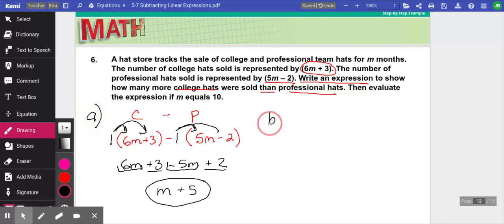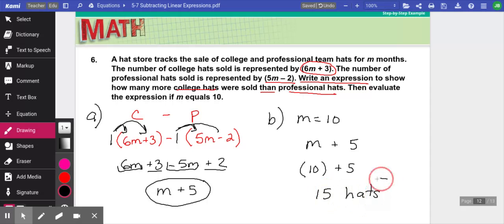Part B said to evaluate when m equals 10. So I want to take this expression of m plus 5, and I'm going to substitute the m with a 10. So 10 plus 5 is 15, and we're talking about hats. And that would be the answer to the second portion, which was to evaluate if m equals 10.